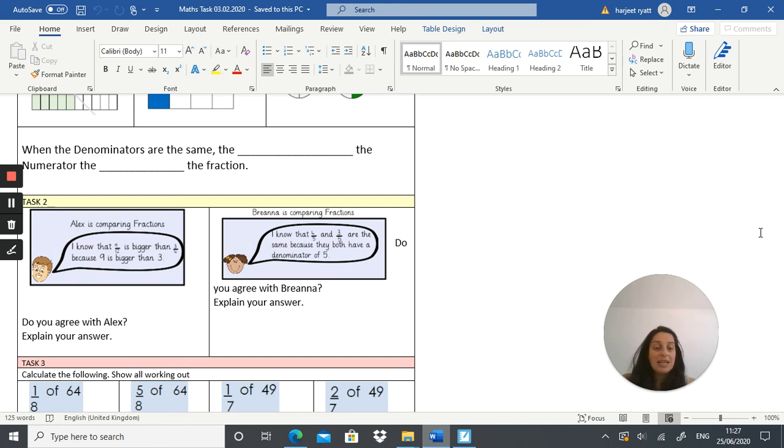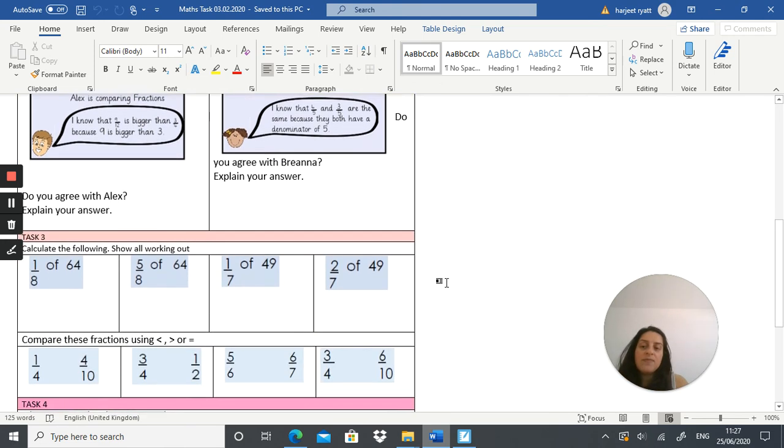Do you agree with Alex? And explain your answer. And then you have Brianna is comparing fractions, and she says, I know that 4/5 and 3/5 are the same because they both have a denominator of 5. Do you agree with Brianna and explain your answer?